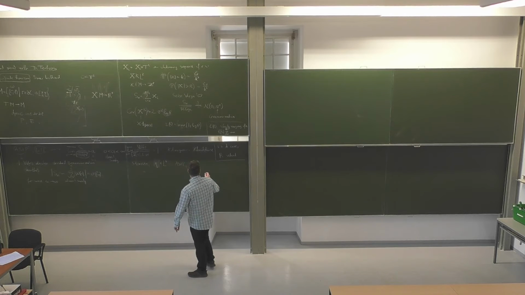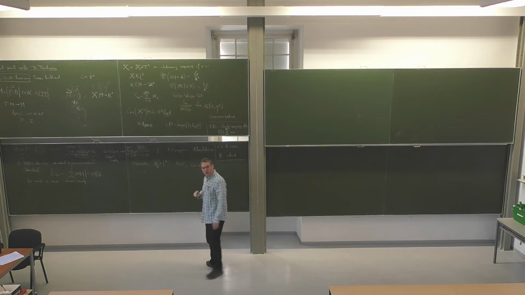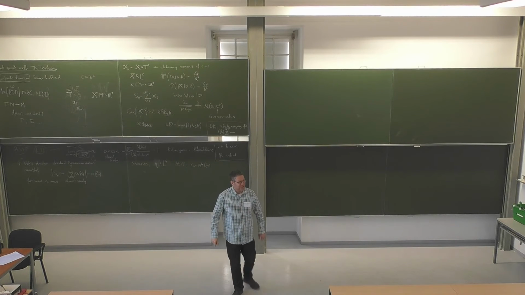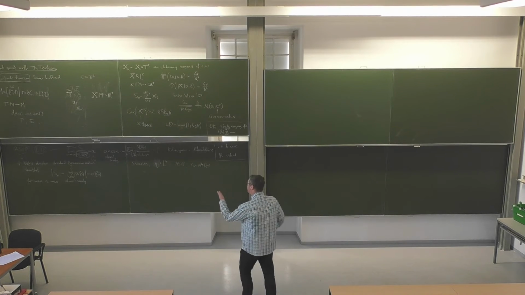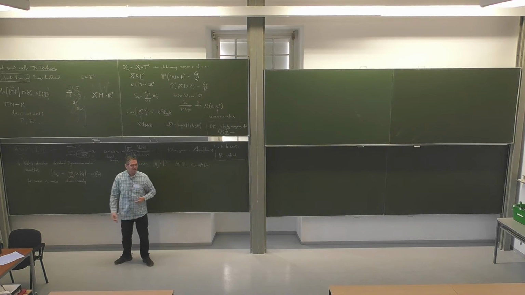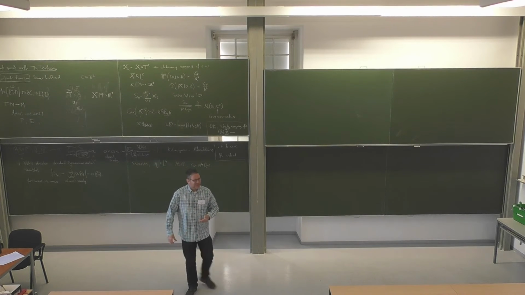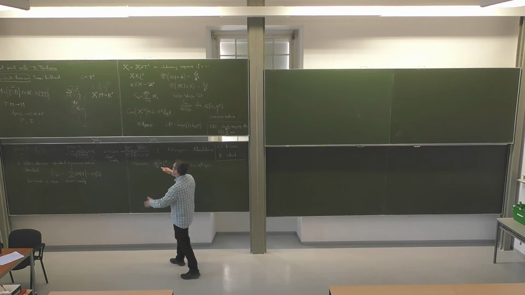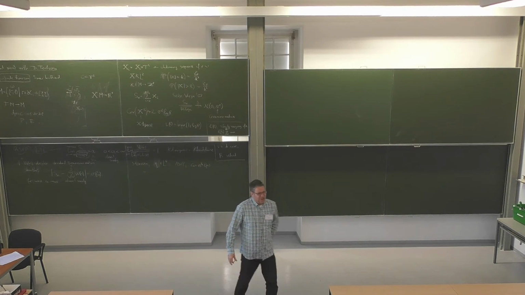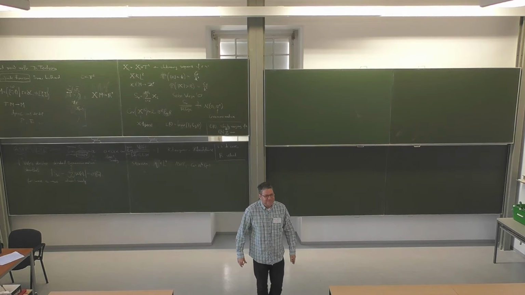and with a rate which was kind of n to the 1/4 times something slowly varying, so some logarithmic corrections. And you see this was also something that implied the law of iterated logarithm, right? Because if it's sufficiently close to the Brownian motion, then you get the same scaling as for Brownian motion, right?